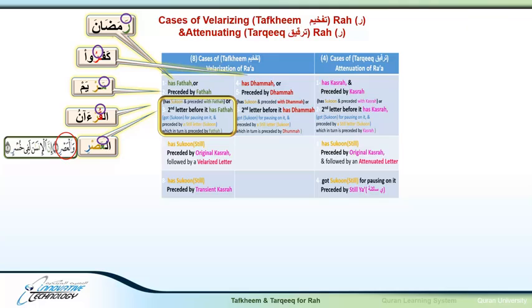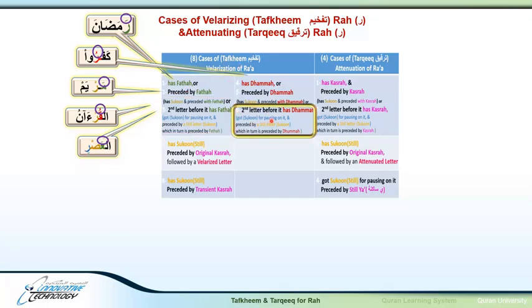The Ra has a Kasra, but it got Sukoon for pausing because we stopped recitation on it, as it's at the end of the verse, the end of the ayah. So the Sukoon is not natural. It's transient, an acquired Sukoon. Now before that Sukoon, there's a letter with another Sukoon, and then the letter with a Fatha that pushes the Ra to have Tafkheem.